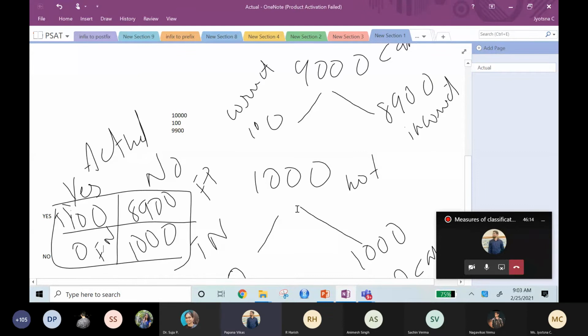You are asking about actual no, predicted yes. Yeah, 8,900. Okay, so that means actually they are not cancer patients, but 8,900 samples have been predicted as cancer, predicted as yes. Actually, they don't have cancer.